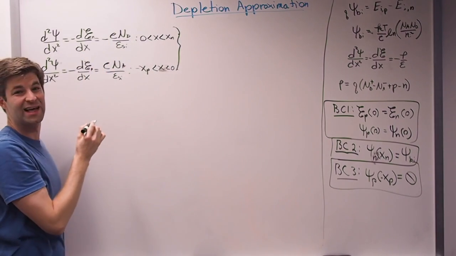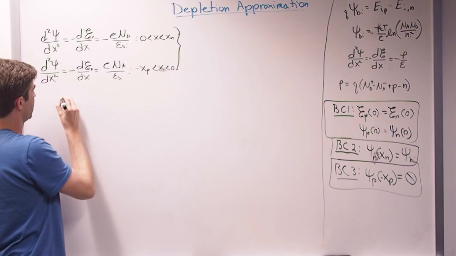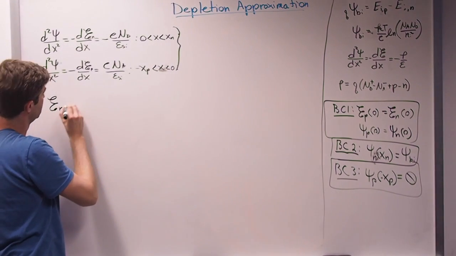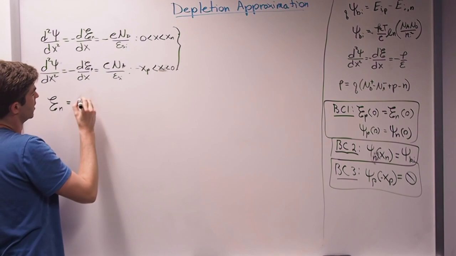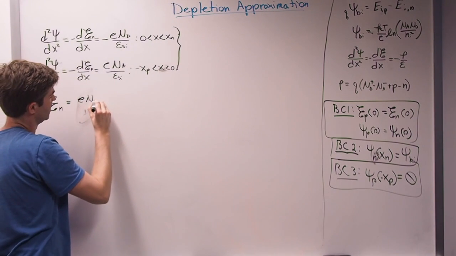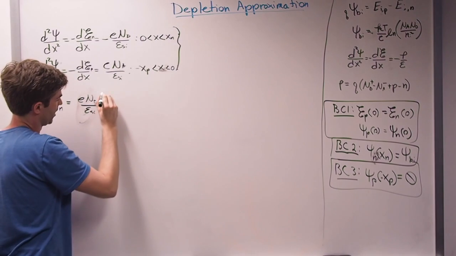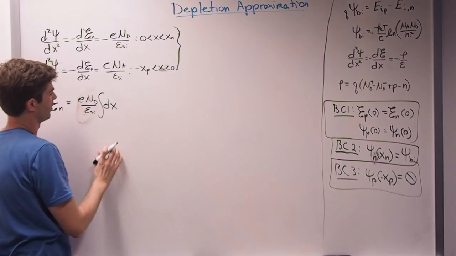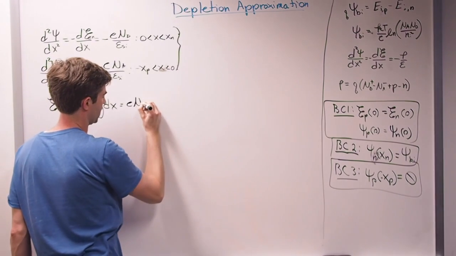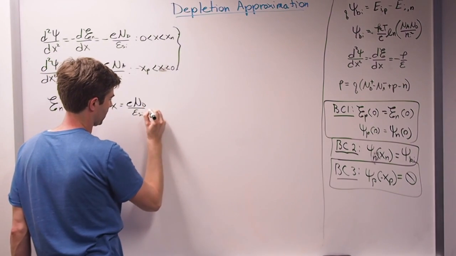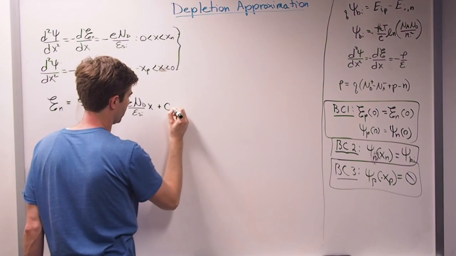Multiply both sides by dx, and then we integrate both sides. So that gives me E sub n is equal to the integral of E N D over ESI dx. Two negatives cancel out. Well, that's just going to be E N D over ESI x plus C1.